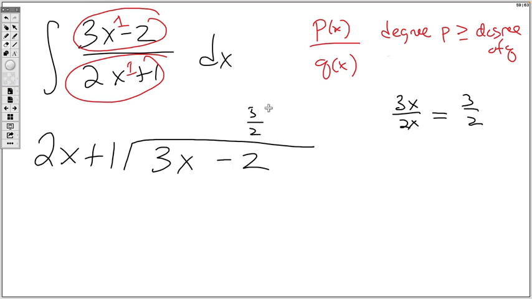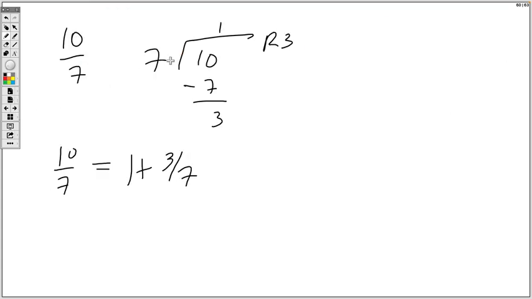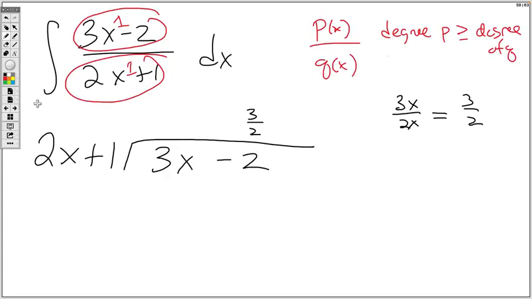Since that's a constant, I'll put it over this constant. And now I'll do the same thing we did here. I'll multiply, and then I'll subtract. So I'll multiply this by both terms. I've got to multiply 2x plus 1 times 3 halves.